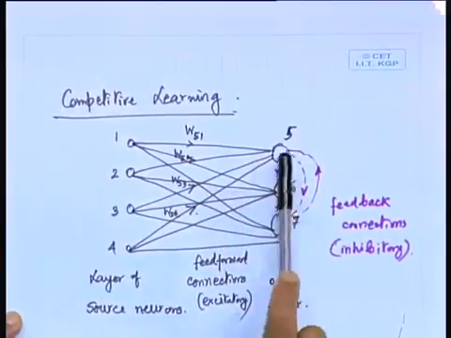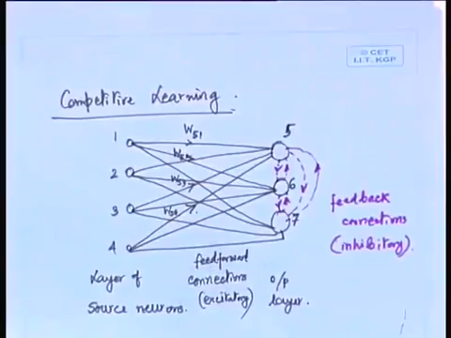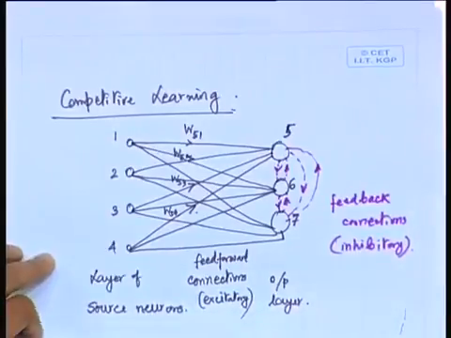And supposing out of these 3 neurons, 5, 6 and 7, the set of inputs that you feed and the existing connections are such that neuron 6 becomes the winner. In that case, we are going to adjust the weights W61, 62, 63 and 64. So we are only going to adjust the weights of the winning neuron.